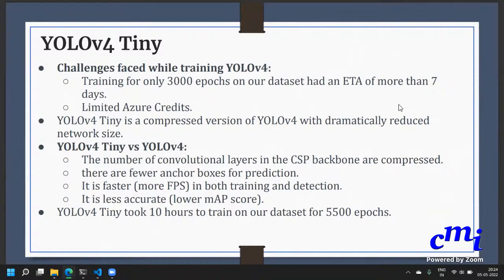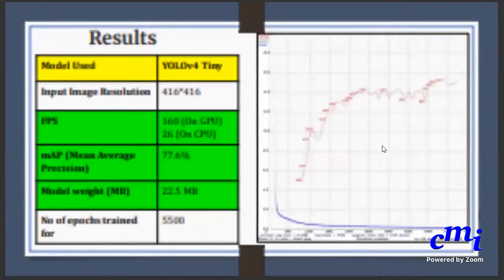But it is less accurate. For the YOLO V4 Tiny model, it took around 10 hours to train on our dataset for 5,500 epochs.